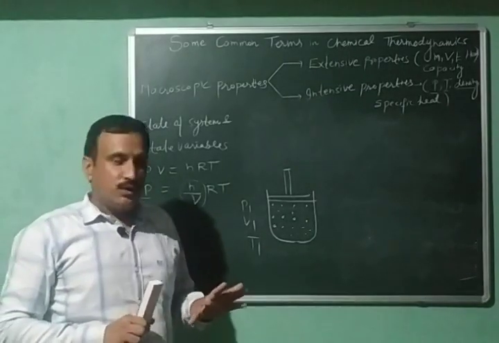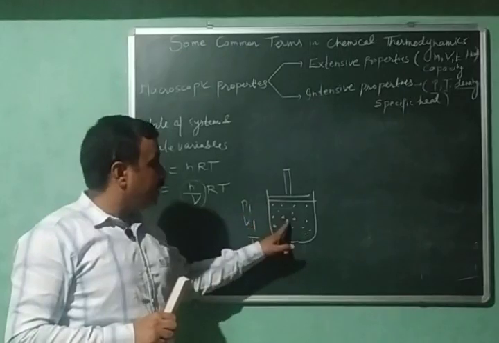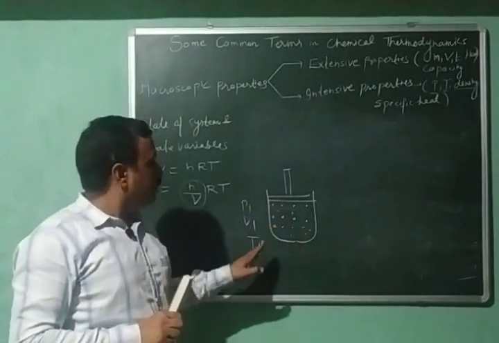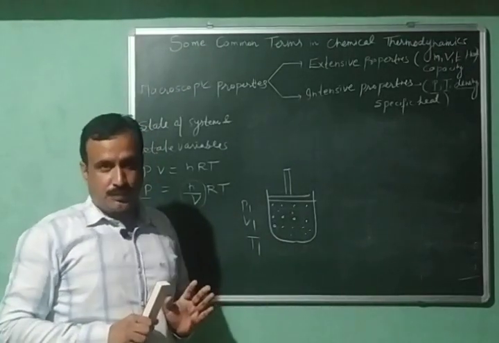So these are the macroscopic properties which are defining the state of the system, the condition of this system, that this system is having this much pressure, this much volume and this much temperature.